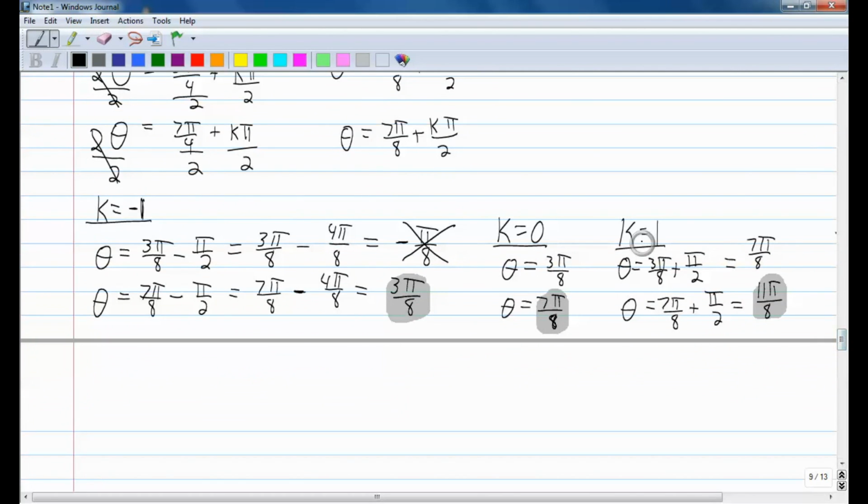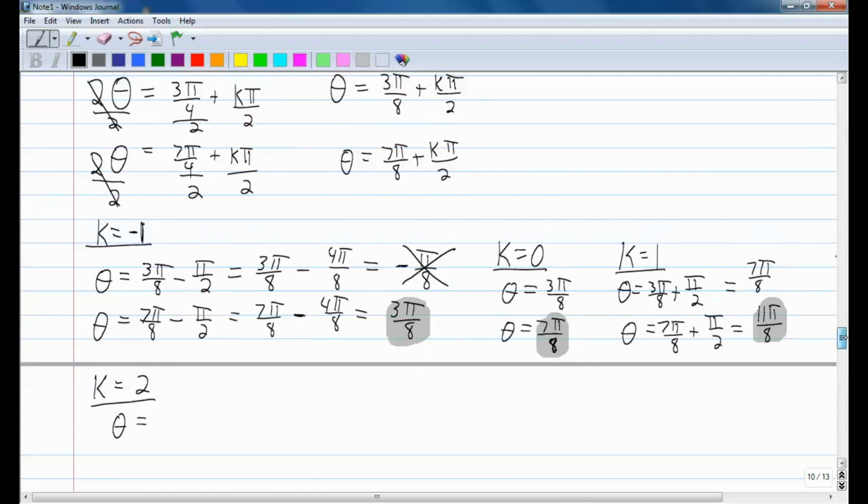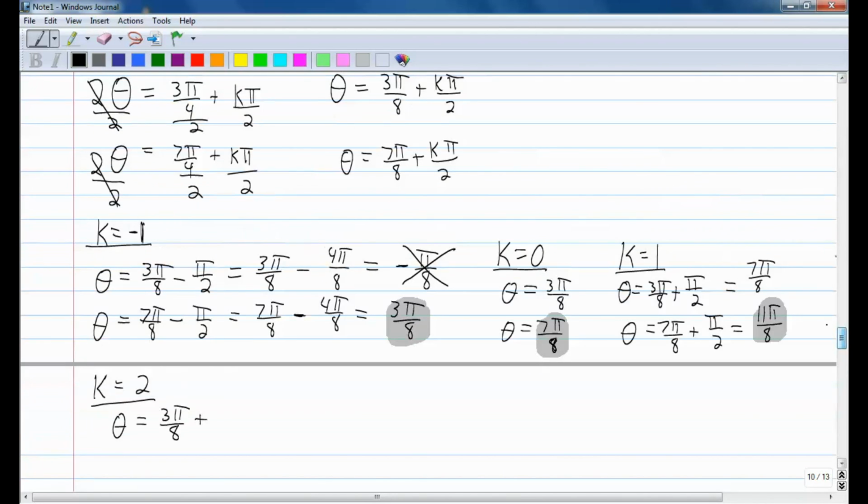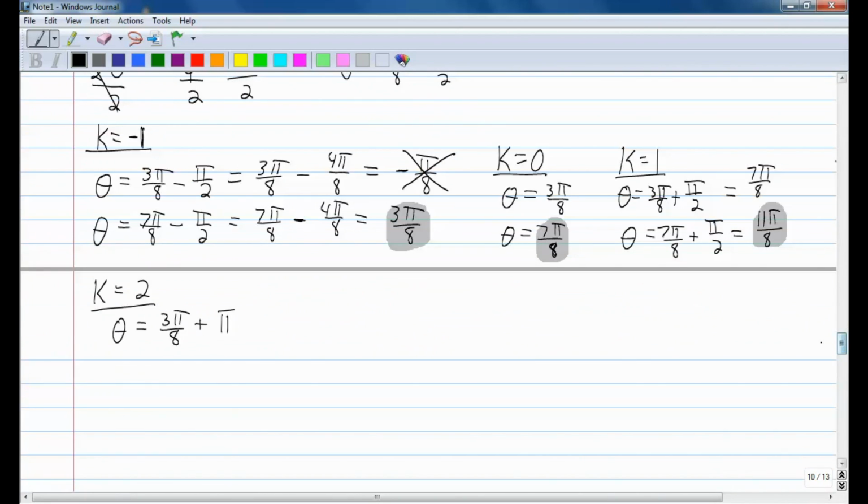All right. Now let's let k equal 2. So if k is equal to 2, we're going to have theta equals 3 pi over 8 plus, I'll plug in a 2, it's going to be plus pi, and 7 pi over 8 plus pi.